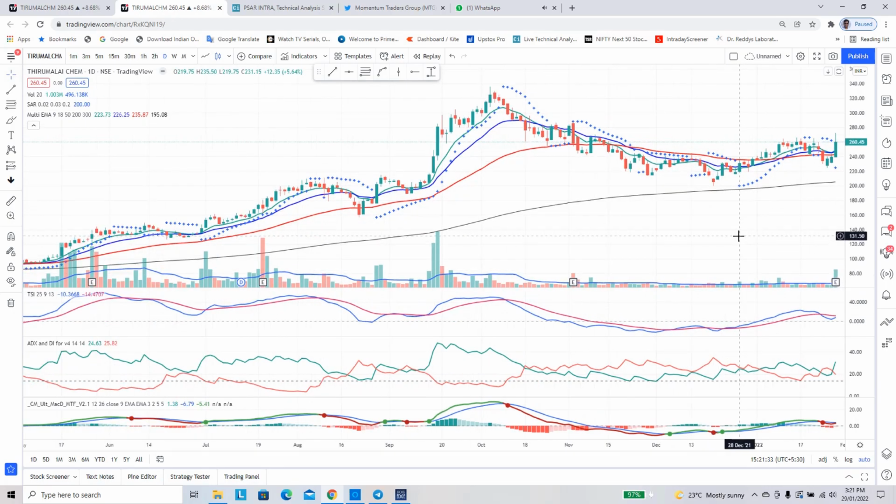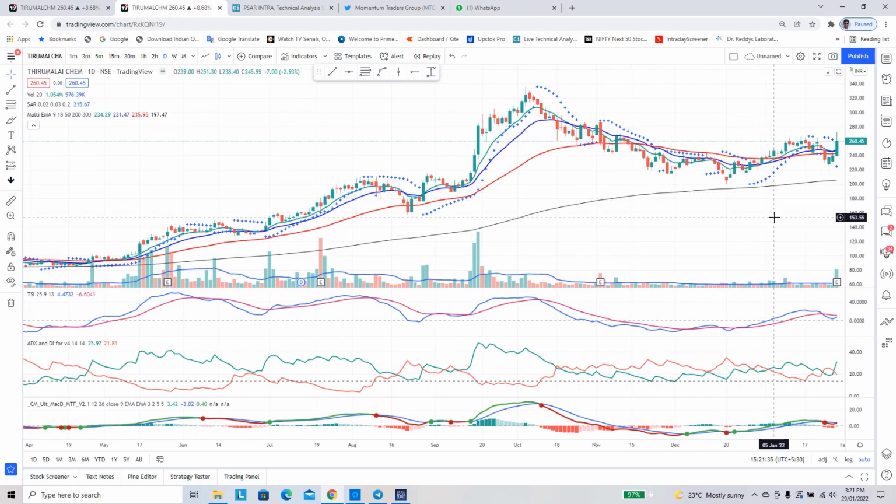If you can see here, this is the chart of Tirumalai, and this is how you need to plot the indicators. This is how you will be setting up your chart. And then just to give a small idea, here we got a buy signal on 27th of August.